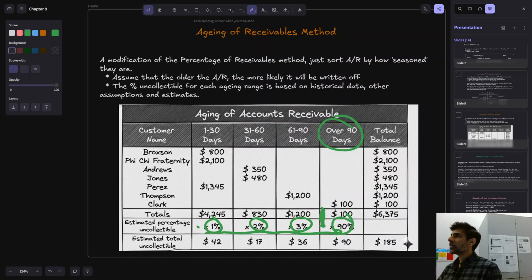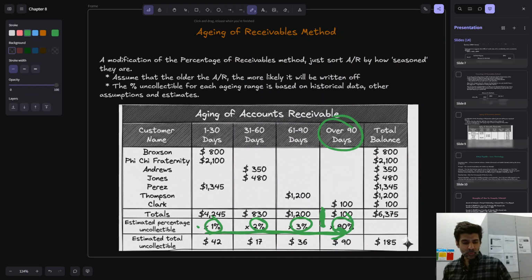That's an analysis that some accountant in the business is going to do, looking at old records and seeing how often, if something got to 60 to 90 days, what percentage of them ended up paying. There will be some analysis to get to those percentages, but it's at least going to follow this general trend of riskier as things get older.